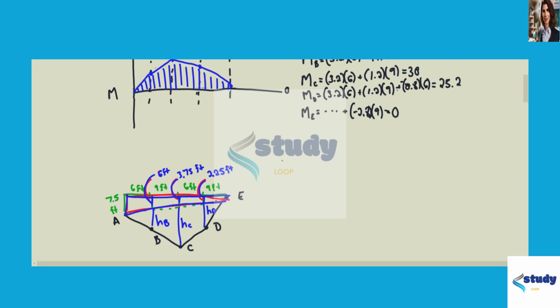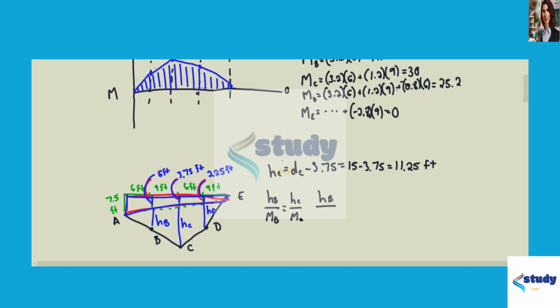Now we can start solving for the different distances. So first we're going to start with solving for HC, which is DC minus 3.75. DC was originally given as 15 feet, so we can solve for HC, which is 11.25 feet. We can go ahead and use relationships in geometry. So HB over MB is HC over MC. So we can go ahead and plug in some values.